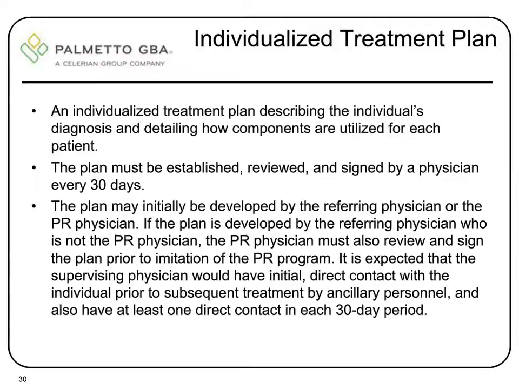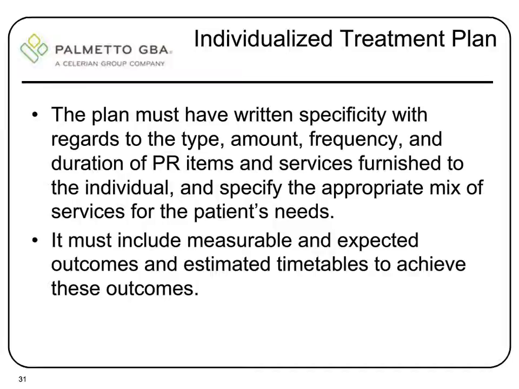Individualized treatment plan. The plan must have written specificity with regards to the type, amount, frequency, and duration of the pulmonary rehab items and services furnished to the individual, and specify the appropriate mix of services for the patient's needs.